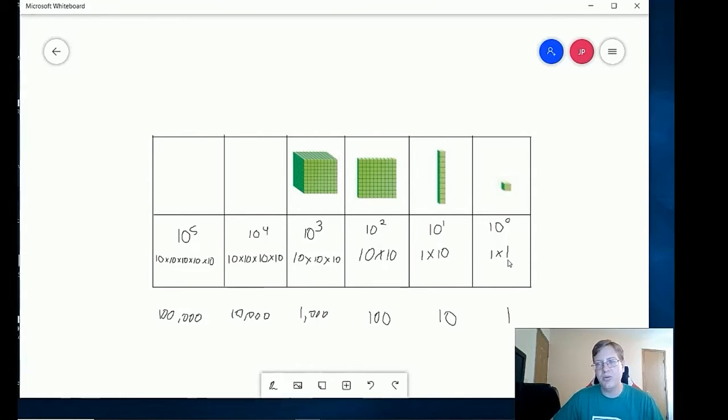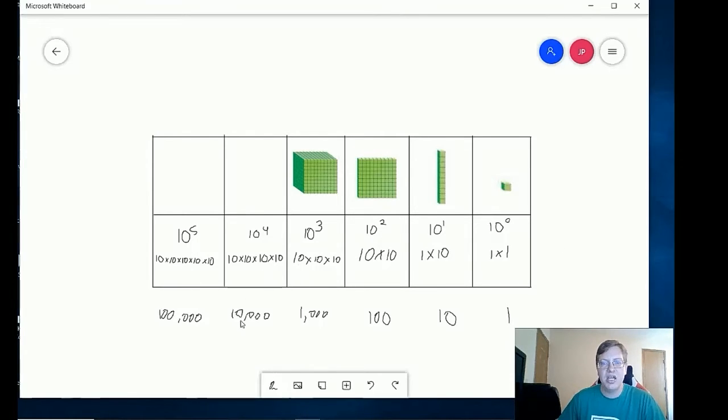What we're working with would be, we're going to take a number and we are going to multiply it by 10 to a specific exponent. So our exponents would be the number that comes up and to the right here. The exponent, when we're working with a base of 10, is going to be the number of times that we multiply 10 by itself, which could also be represented as the number of times that you add 0 at the end of the number.